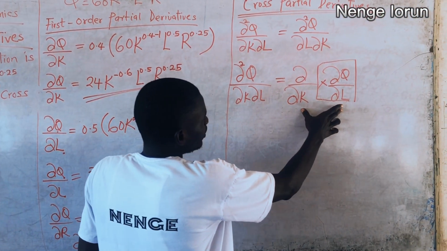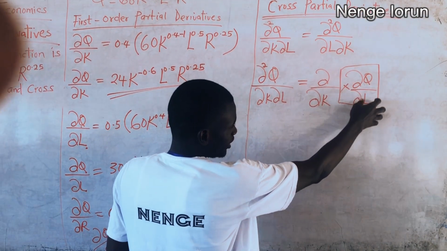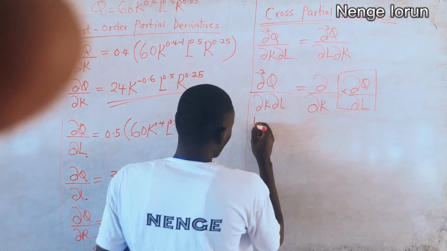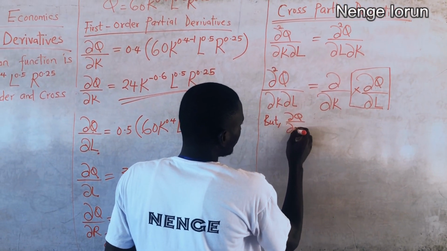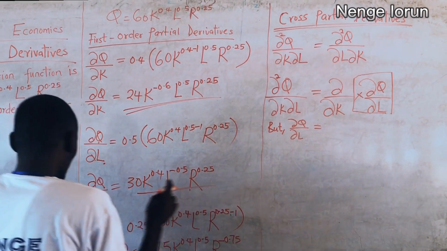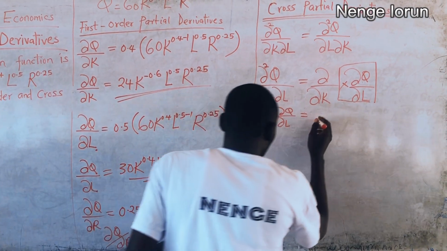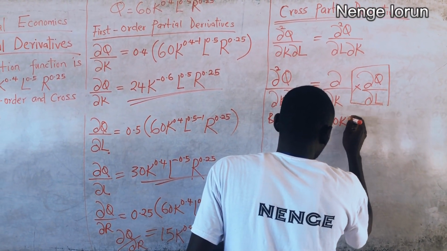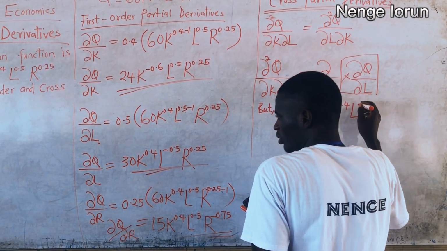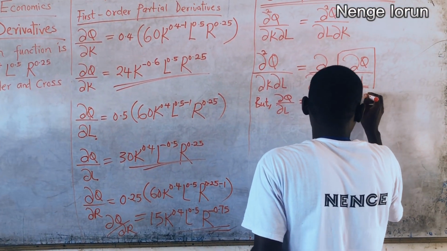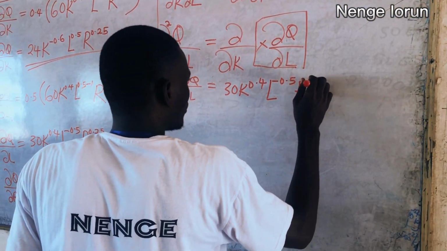You discover that we have already computed the value for the partial derivative of Q with respect to L. So the partial derivative of Q with respect to L is equal to 30K raised to the power of 0.4, L raised to the power of negative 0.5, R raised to the power of 0.25.